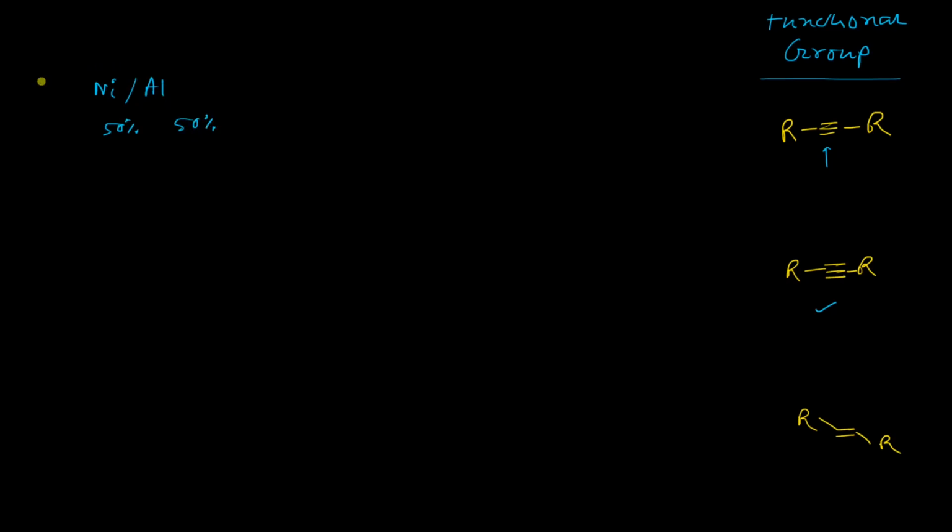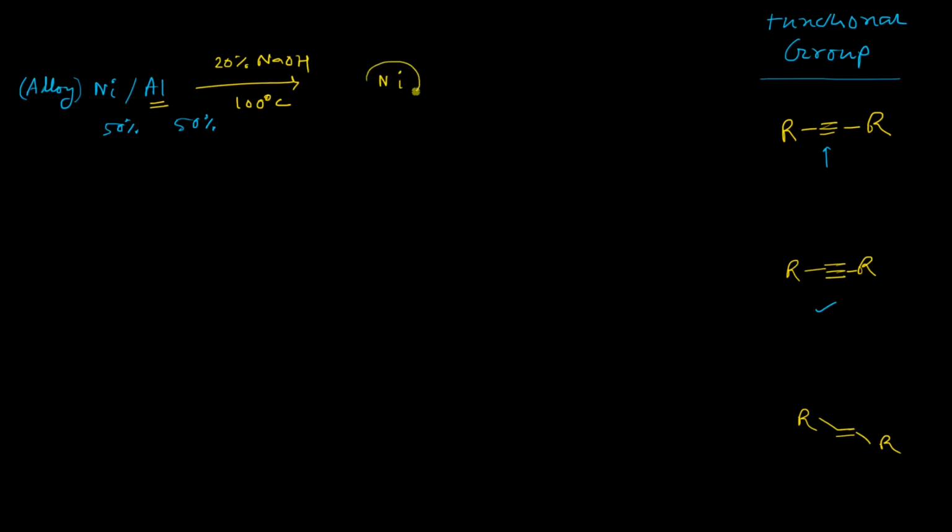So if you take this particular alloy and you heat this alloy in presence of 20% sodium hydroxide at 100 degree centigrade temperature, then what will happen? This aluminium will be dissolved via the reaction with sodium hydroxide, and this nickel will remain as a finely divided metal.